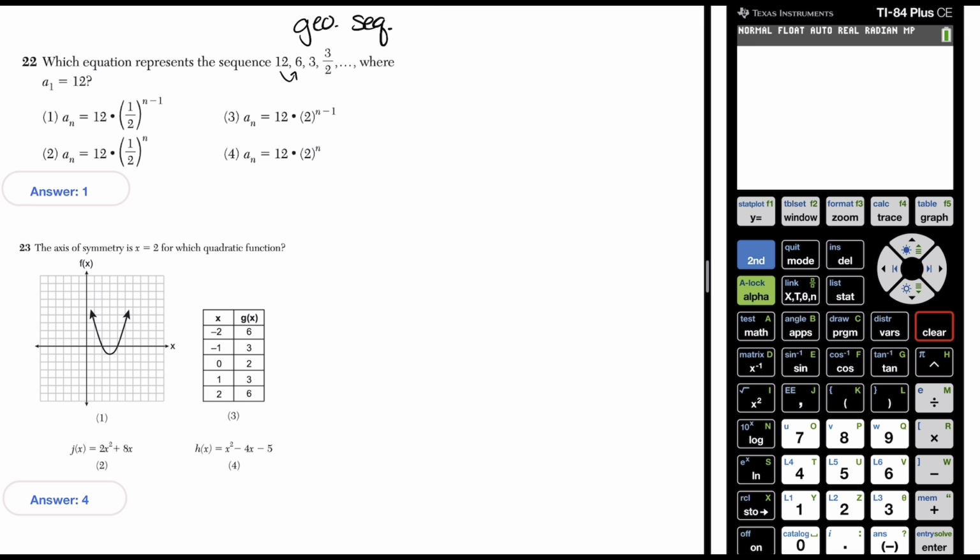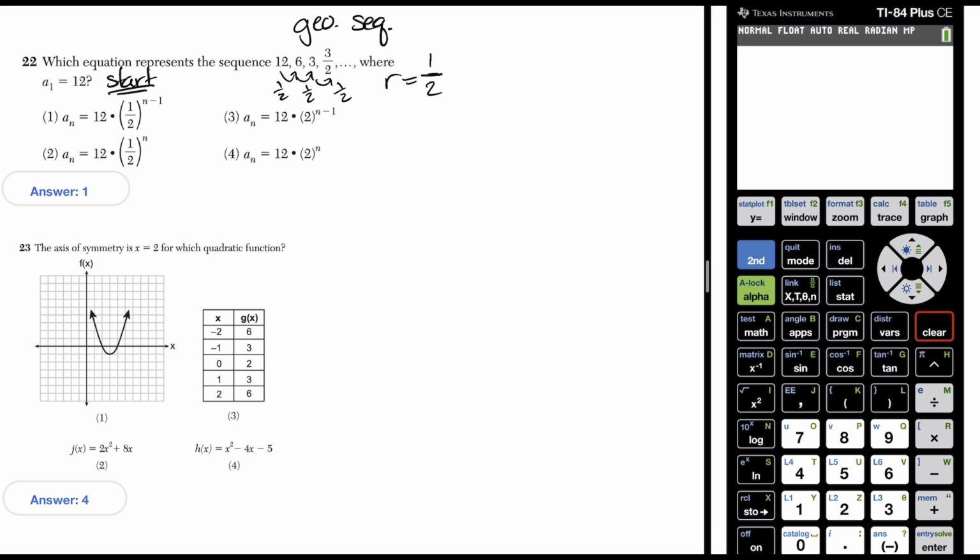I can multiply by a half. From 6 to 3, I can multiply by a half. And you could even see it here, 3 divided by 2 is a half. So that's telling me my ratio is 1/2. It's not negative 1/2, it's 1/2, and that's just helping it to decrease because it's a fraction. All right, so a1 is telling me that's the starting point.